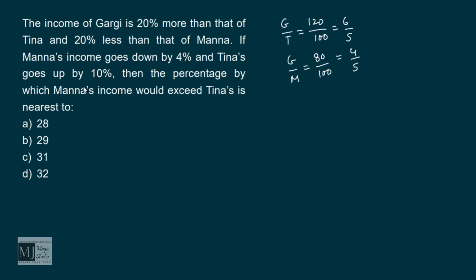If Manna's income goes down by 4%, okay, M goes down by 4%, and Tina's goes up by 10%, then the percentage by which Manna's income would exceed Tina's. In the question asked, we have just M and T. So can we have this ratio of M and T?